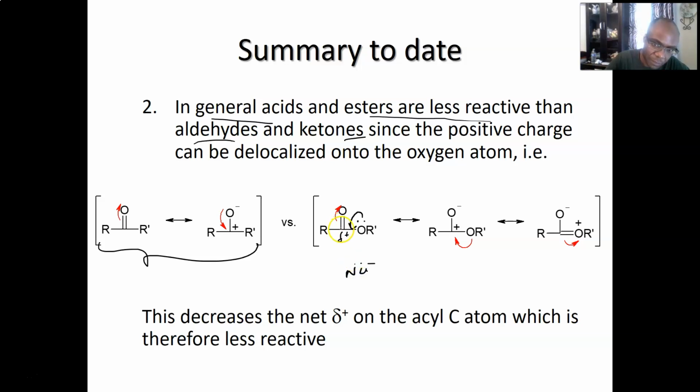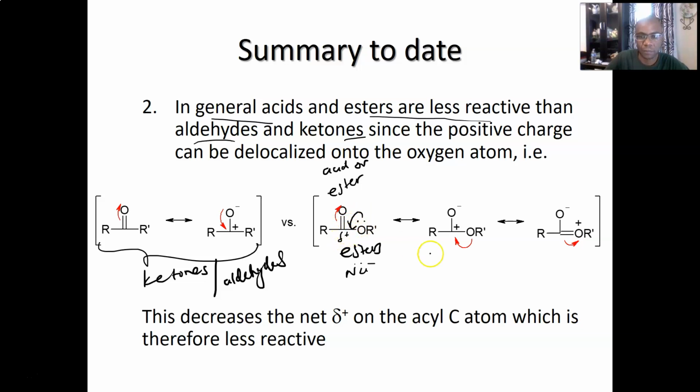Because the nucleophile wants the plus charge to be there, but the moment you do resonance, you're killing the plus charge. So the ester or carboxylic acid are less reactive than ketones because you see here there's no second oxygen to kill the plus character. So this is a case of ketones and aldehydes. In other words, aldehydes and ketones are more reactive than esters because with esters the carbon of the carbonyl is deactivated by resonance. You're pushing electrons, killing the plus character on the carbonyl.